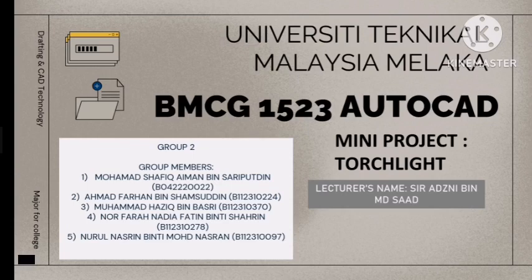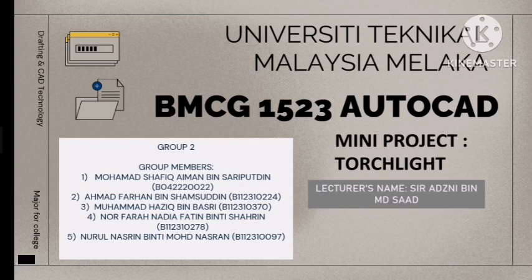I'm Nur Nasrin binti Muhammad Nasran, nombor metrik B1123100097. Our group consists of 4 other members. 1. Muhammad Syafiq Aiman bin Saripuddin, nombor metrik B0422200022. 2.